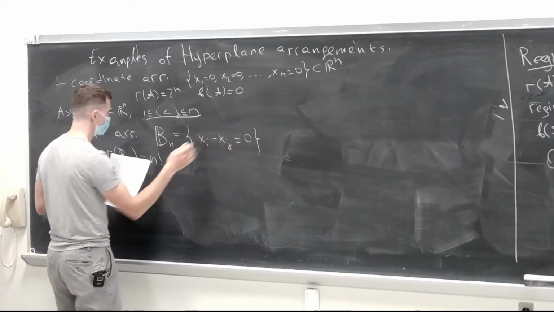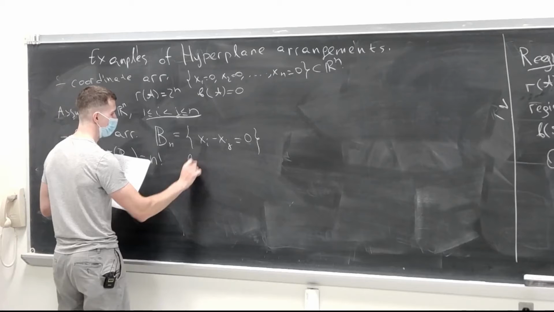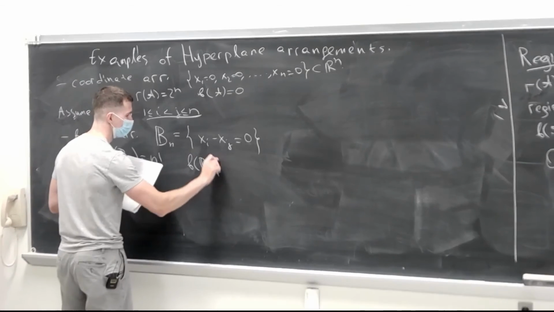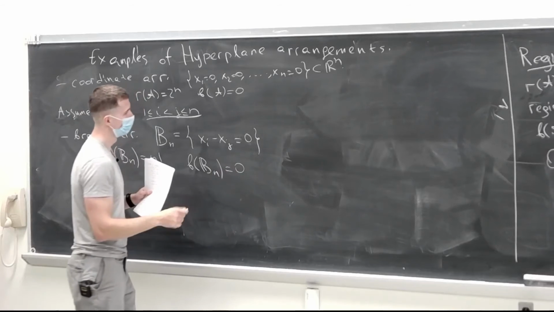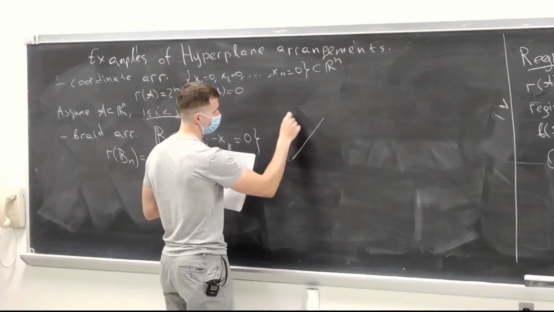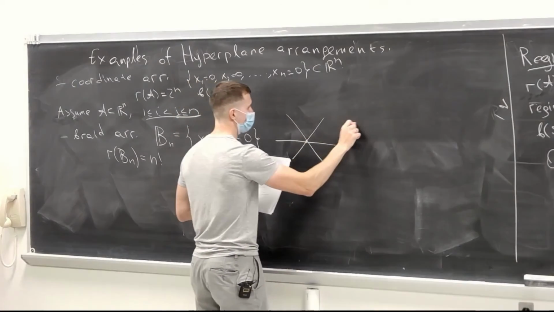That's related to root systems as we studied previously. So what's the number of bounded regions? 0. Interesting. And what's the picture? The picture looks like this. This is n equals 3.